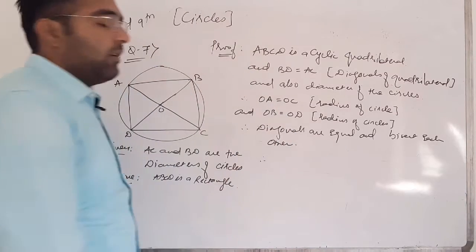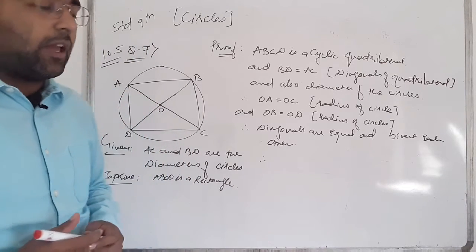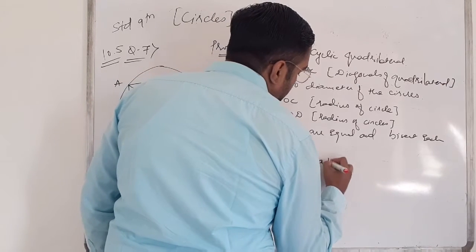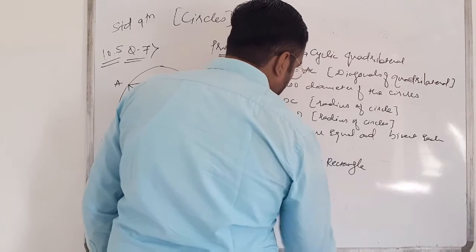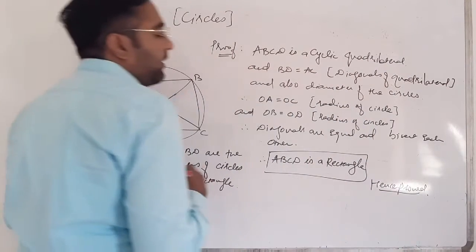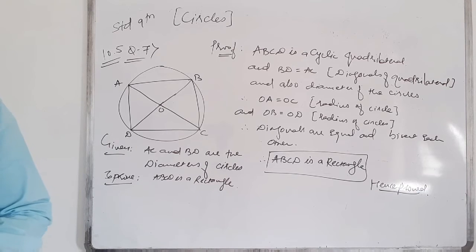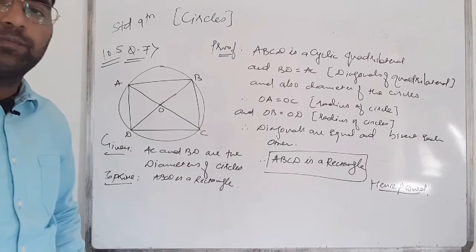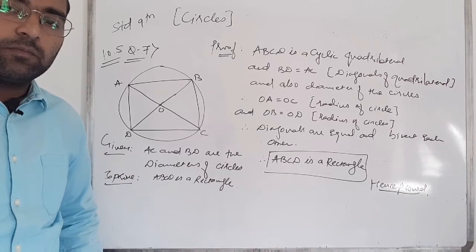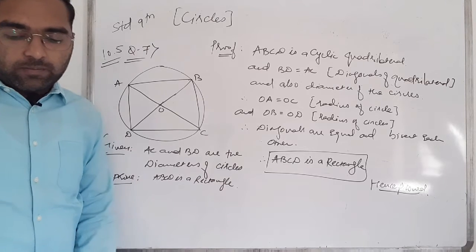This criteria we see only and only in a rectangle. Therefore I will write that ABCD is a rectangle, hence proved. Clear? So please note this down first.